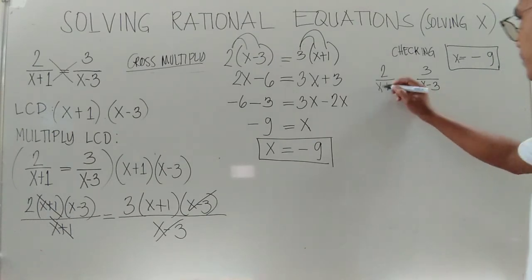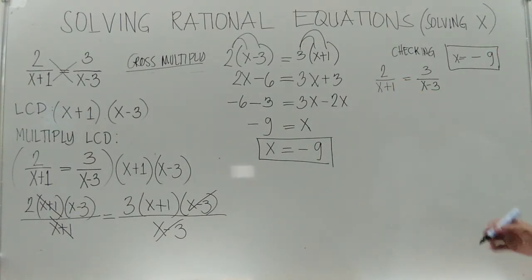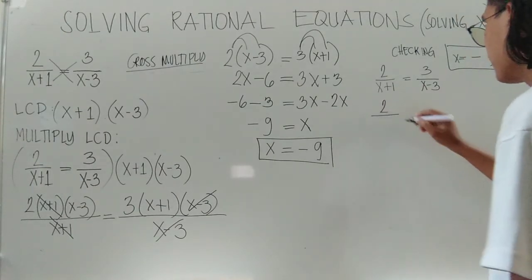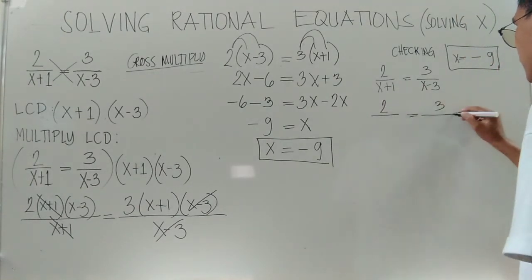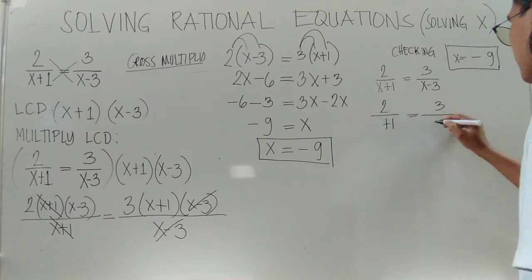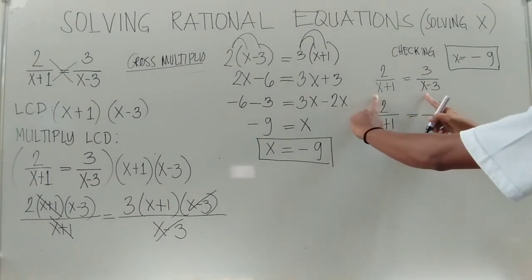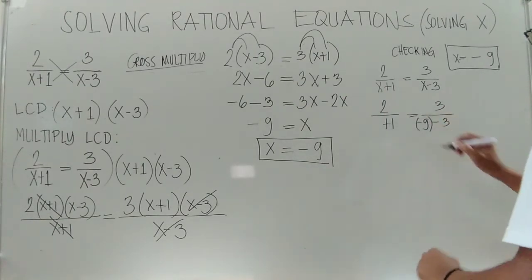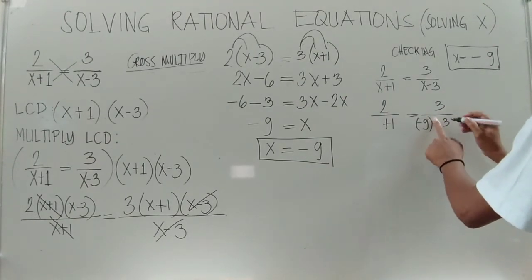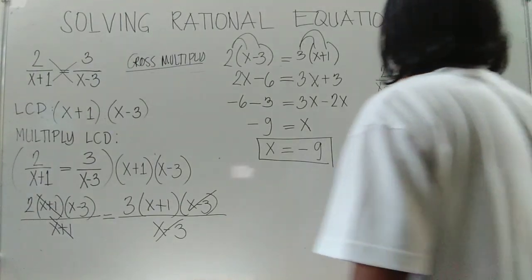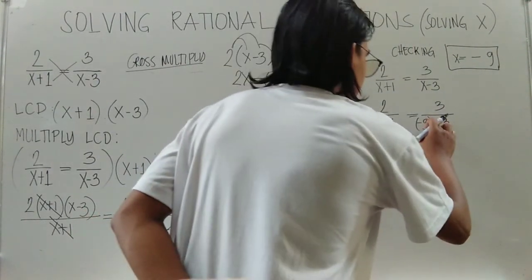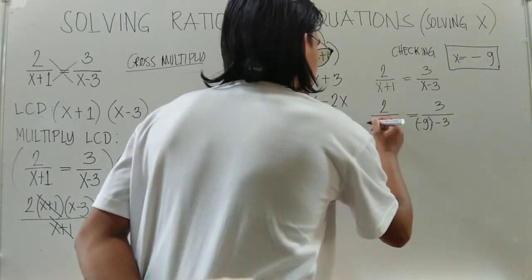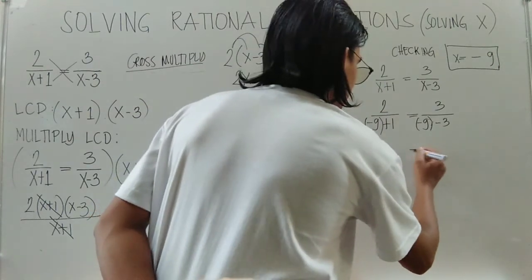So, to check, copy your original equation, then substitute or input the value of x. So, we have to copy everything. Then, substitute x as negative 9. When substituting, it is very basic and important to use parentheses. Then we have negative 9.